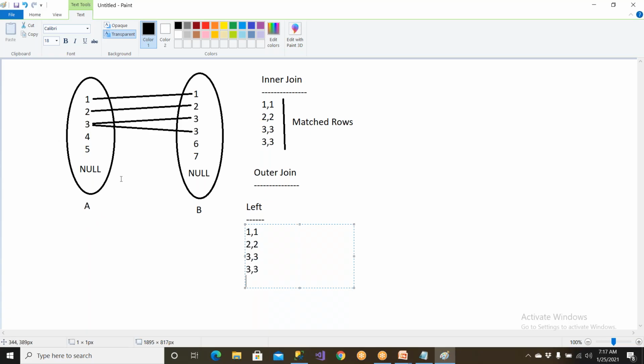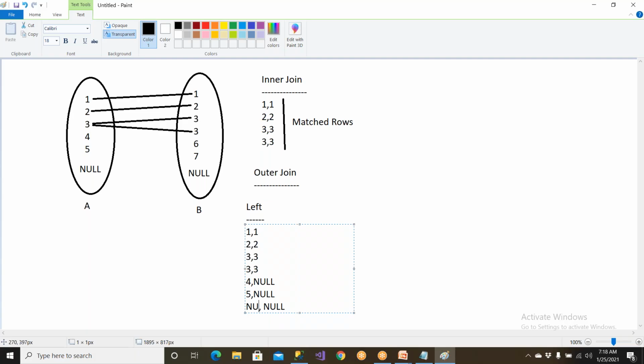You assume this is your left table and this is your right table, right? So matched data from both tables will be given, plus unmatched data from the left table will be given: 4, and this side there is no matching, you will get null, and 5, there is no matching, this side you will get null, and null, and there is no matching, and you will be able to get one more null this side.